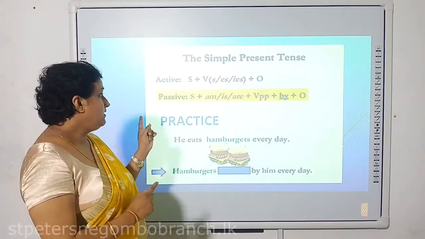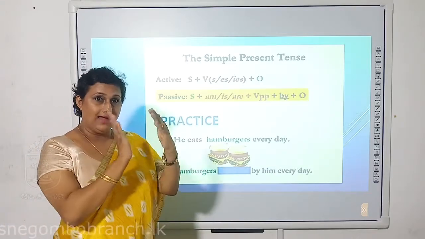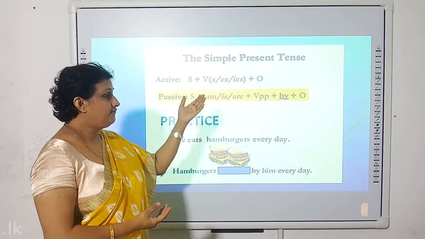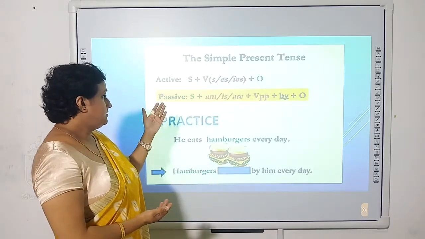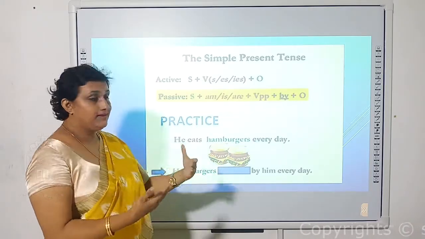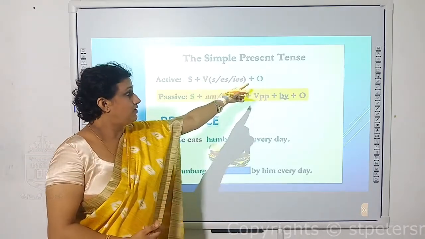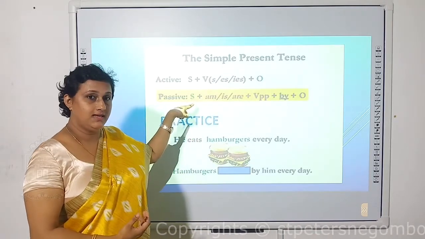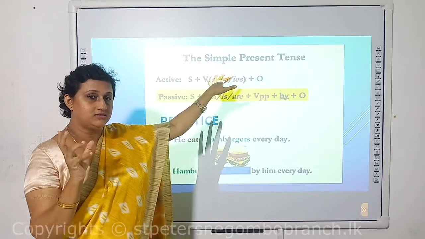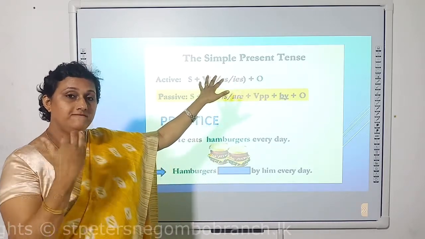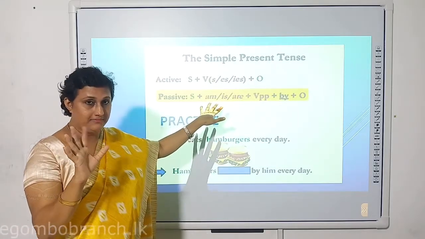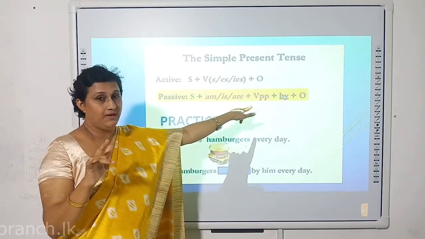So I have started with an example regarding active voice sentences. First, there has to be the subject, then the verb and the object. When it comes to passive voice, I told you the object has to come to the top and become the subject. So here the object has come to the subject position, and then, since it is simple present tense, the auxiliary verbs that you have to use are am, is, are, plus the past participle of the verb.